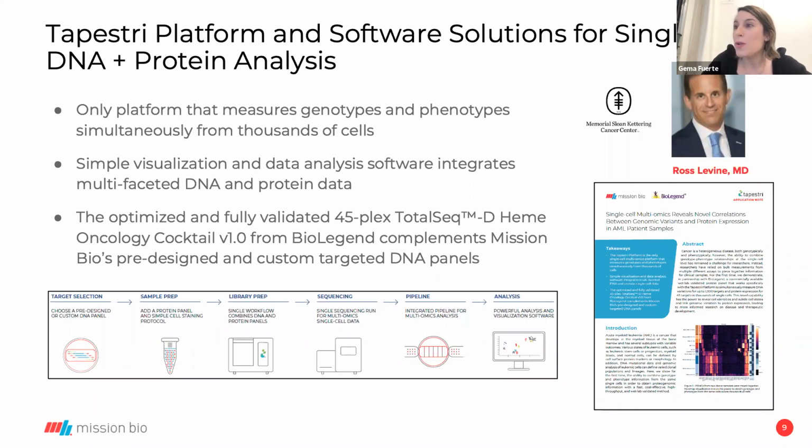So what I want to show you first is a couple of images from this application note, just as a sneak peek of what the software Tapestry Insights and Mosaic can do.